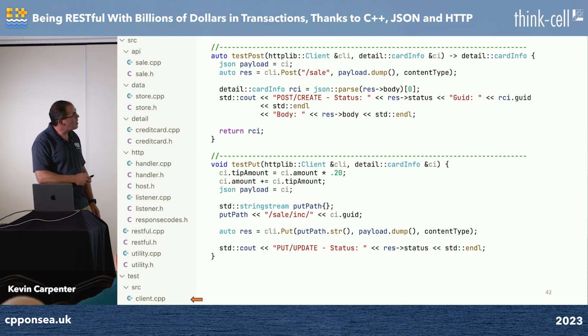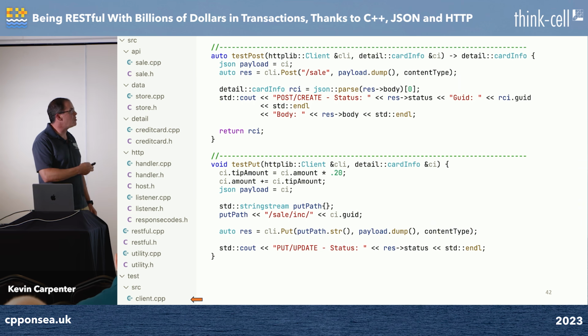So if we look at the test post, you can see we're passing in a reference to the client and a reference to the card info. And we're going to return a card info. So you can see we have our post. Similar to how the httplib from the server side uses the verb, the client does the same thing.